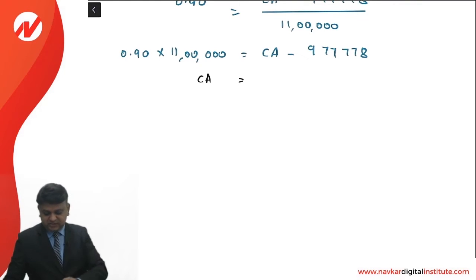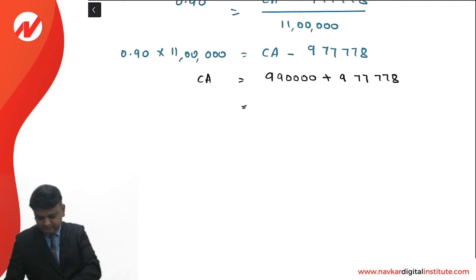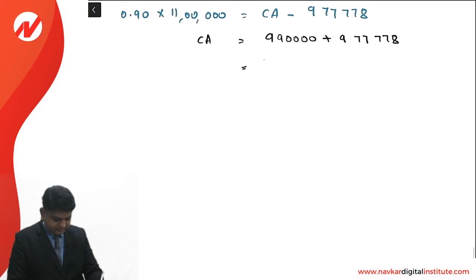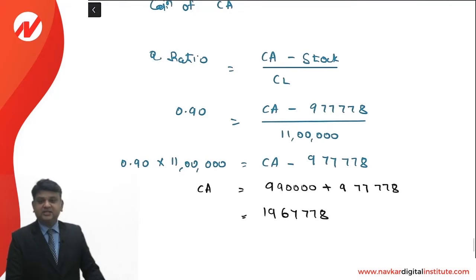So current assets is equal to 11 lakhs into 0.9, that comes to 9,90,000 plus 9,77,778. So it comes to 19,67,778. That is the way the current assets is calculated.